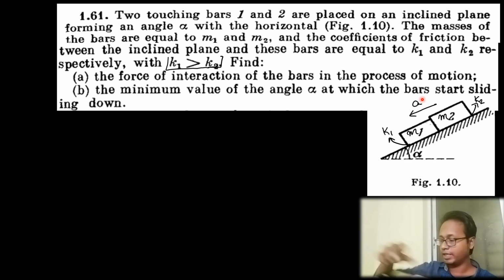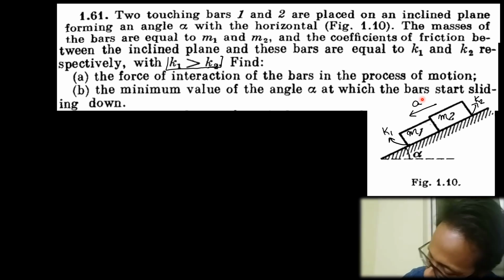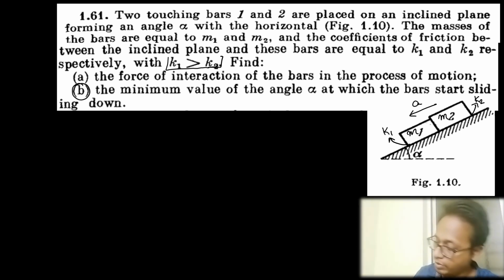Just before sliding, acceleration is taken as 0, or 0.00001, which can be approximated as 0, because even if there is a small value, it is sliding, approximately equal to 0. Understood the approach? I'm solving part B of the question first. So let's draw the free body diagram.